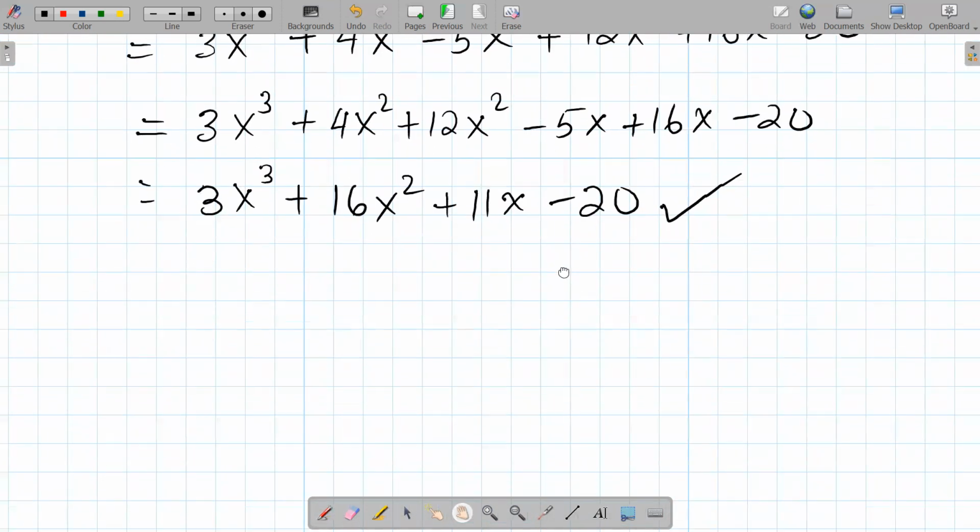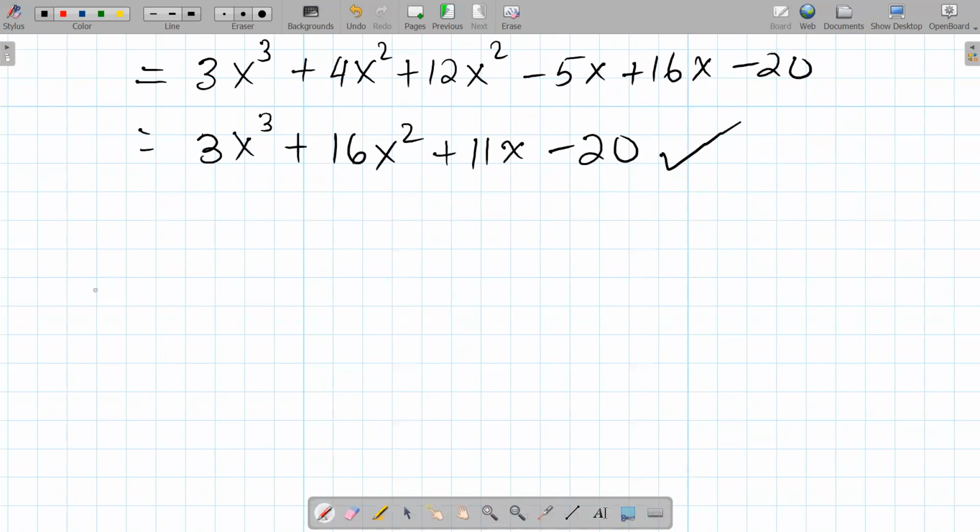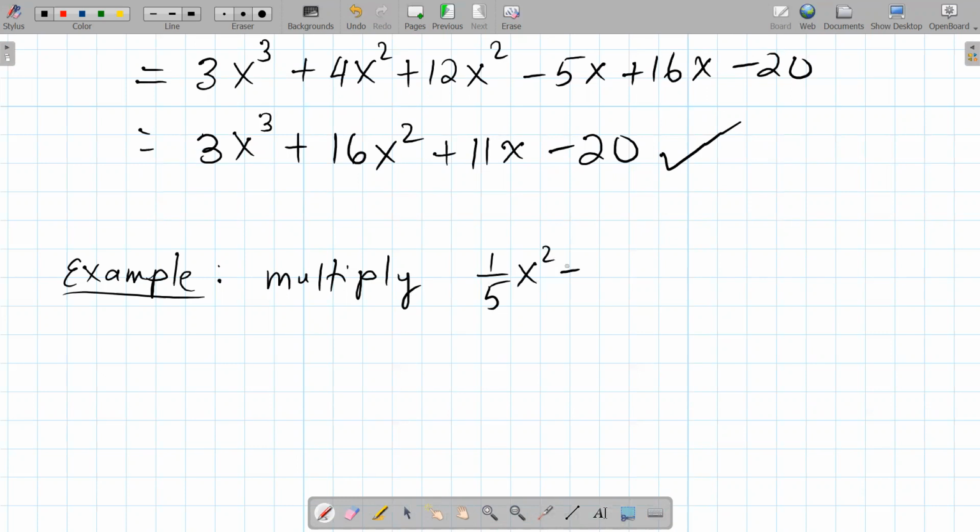For another example. Multiply. It's 1 over 5x squared plus 2 over 5.